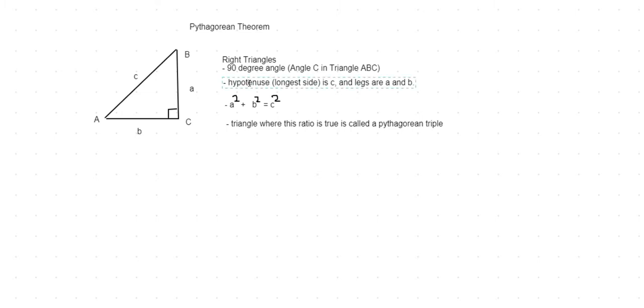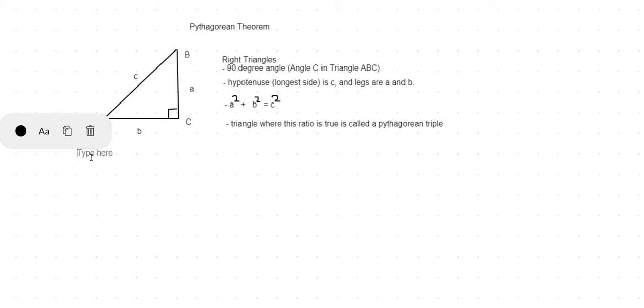Now, you're going to see some problems where you might be asked, given three measures of sides, is this possible? Can this form a Pythagorean triple? You may see examples where you are given two of the sides and you have to figure out the third one.